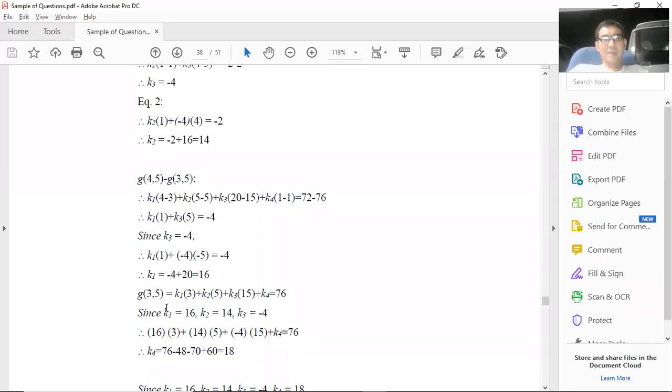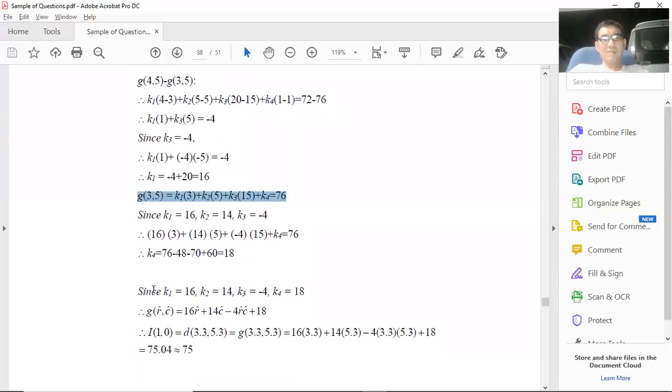Then we can make use of this equation, 3, 5. Because we already have K3, K2 and K1, we just plug in the values of K1, K2, K3, and then we can solve for K4. Eventually your K4 is 18.